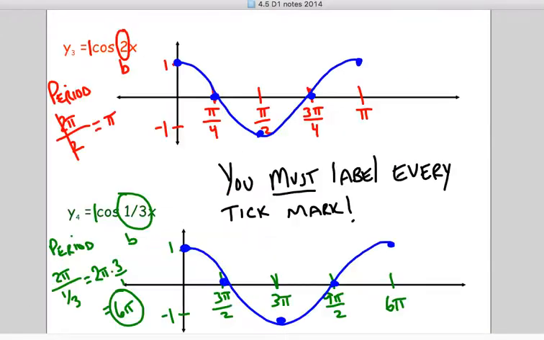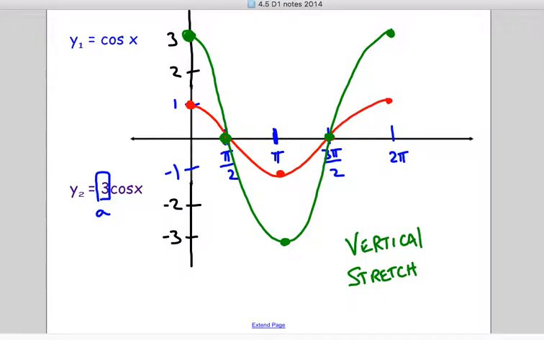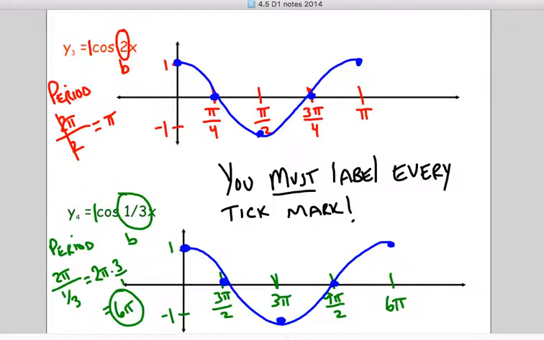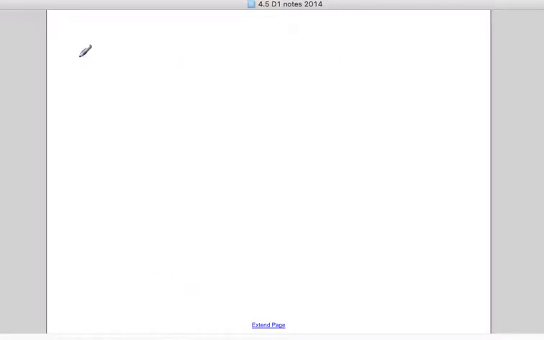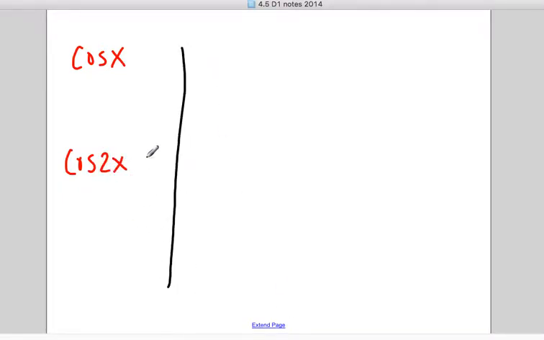Actually, I want to go back and compare so you can see a little bit better what regular cosine would look like next to cosine 2x. I'm going to put them both on the same graph just so you can see it better.